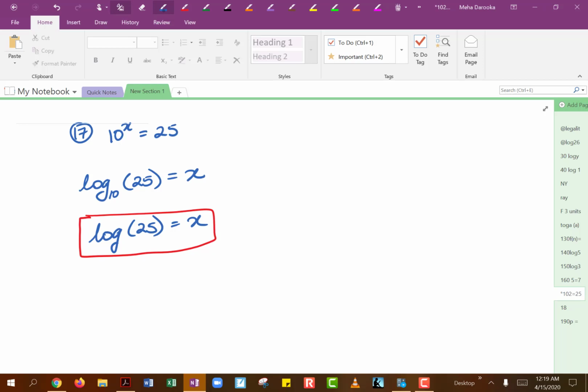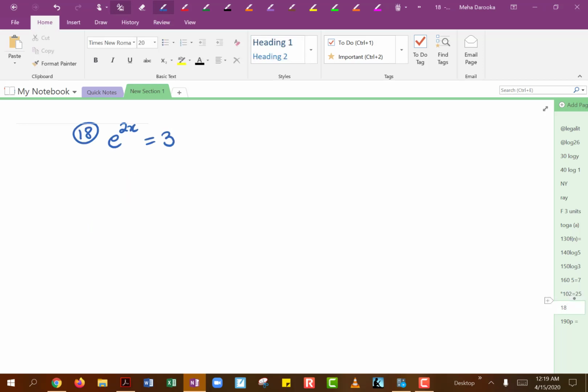Okay? And then the last one in this set was number 18, which is e raised to the power of 2x equals 3. So again, we're going to rewrite this in logarithmic form. So this will be log of base e at the number 3, and this will equal the exponent 2x.